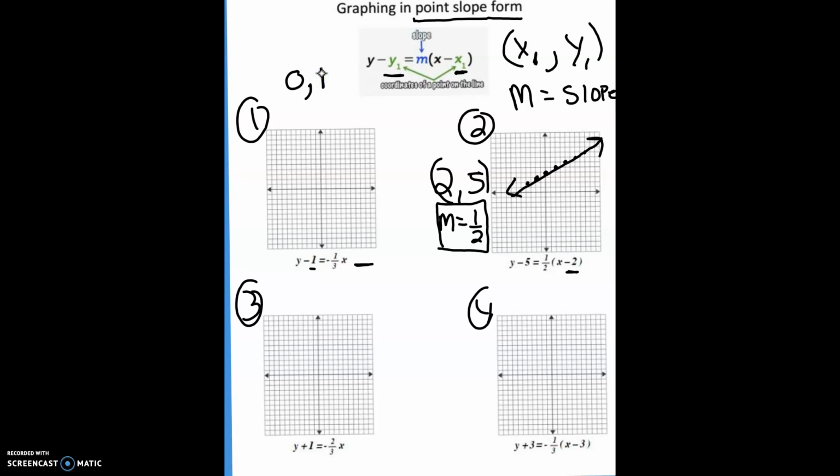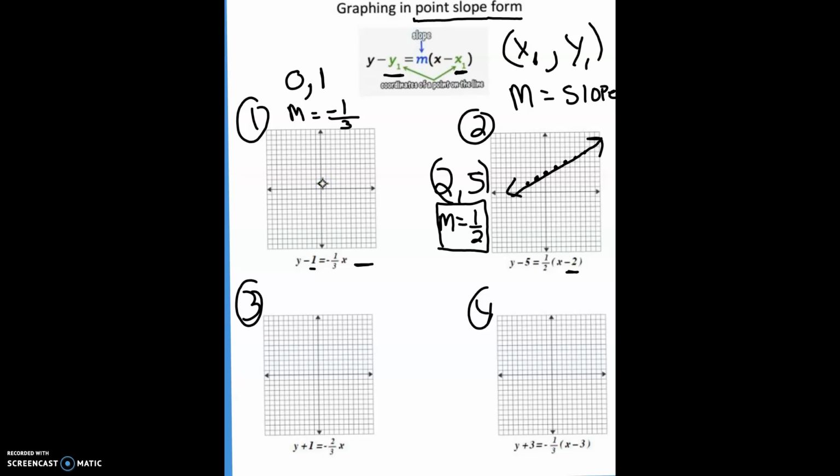And then my slope is going to be negative. I always make my numerator negative over 3, 1 over 3. Okay? So 0, 1 is actually the y-intercept, correct? 0, 1.